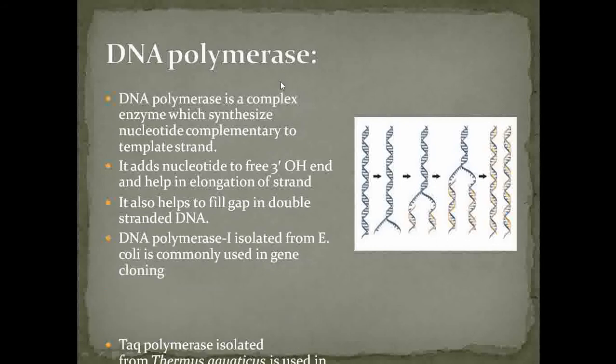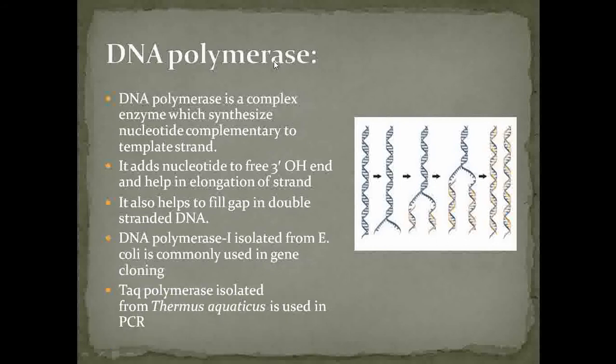The next enzyme is the DNA polymerase. The main key role played by the DNA polymerase is elongation of DNA strand. Basically the DNA polymerase is used in PCR technology, where we know the enzyme as Taq polymerase.